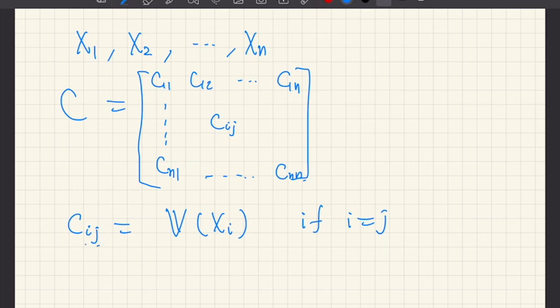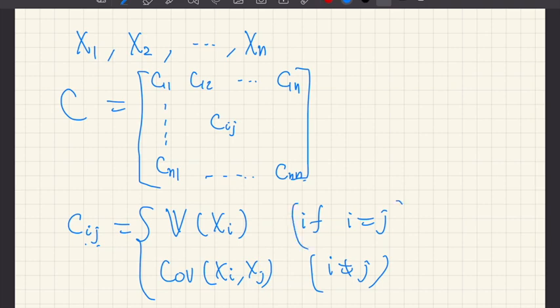So if i and j are equal, it's variance, and otherwise, if i is not equal to j, it's covariance. So the diagonal entries are variances, and the off-diagonals are covariances.